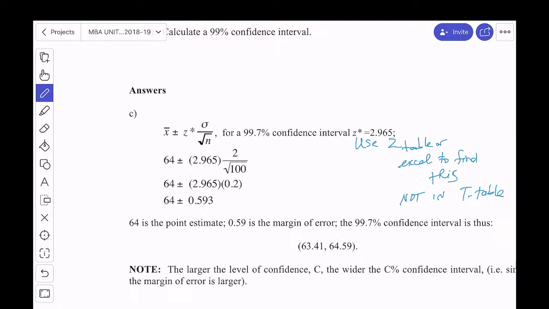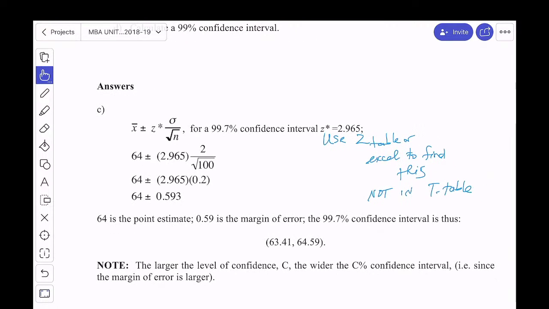Okay, so when you finish, you get this interval. Now this interval is wider, right? Because it's 99.7% confident. It's much higher likelihood of having the true mean. To achieve that, it needs to be wider. So this is a wider interval than the one that was 95%.